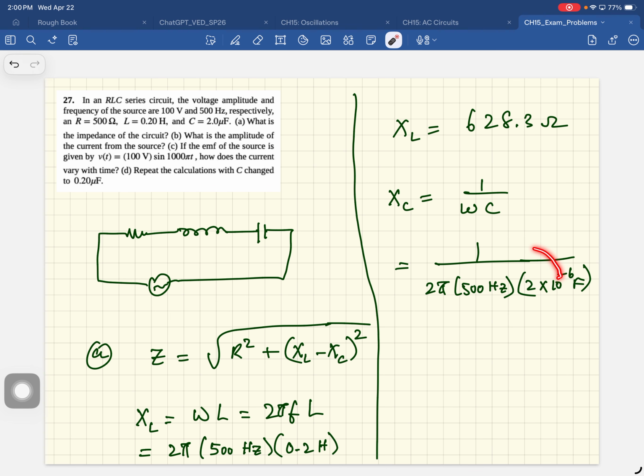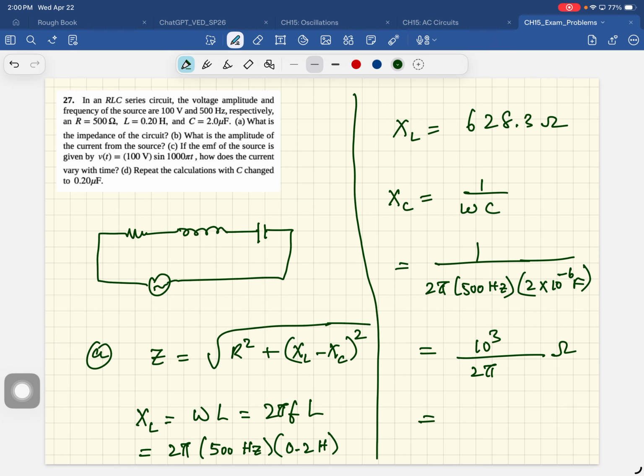So now the amplitude of the current is V max over Z times sine of (omega t minus phi). Okay, so that's 0.146 amps sine (1000 pi t minus 0.7). Okay, so there is the current.